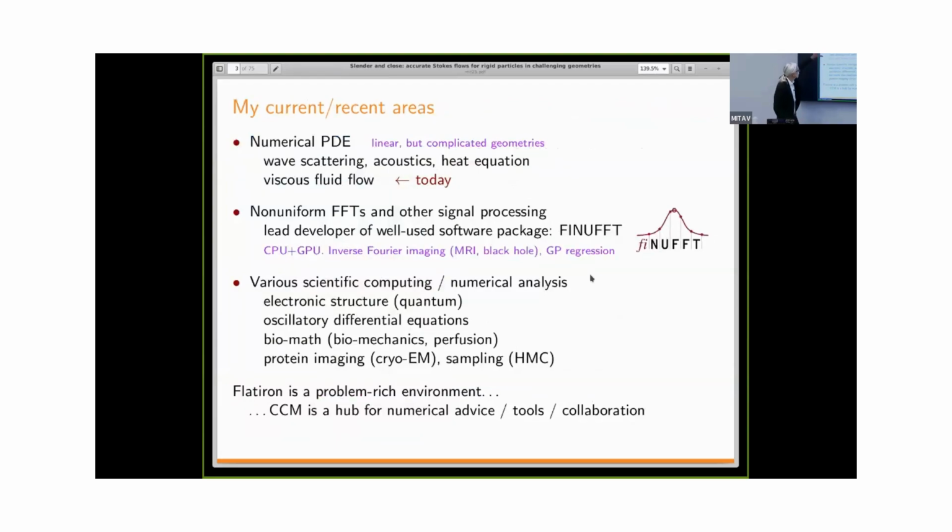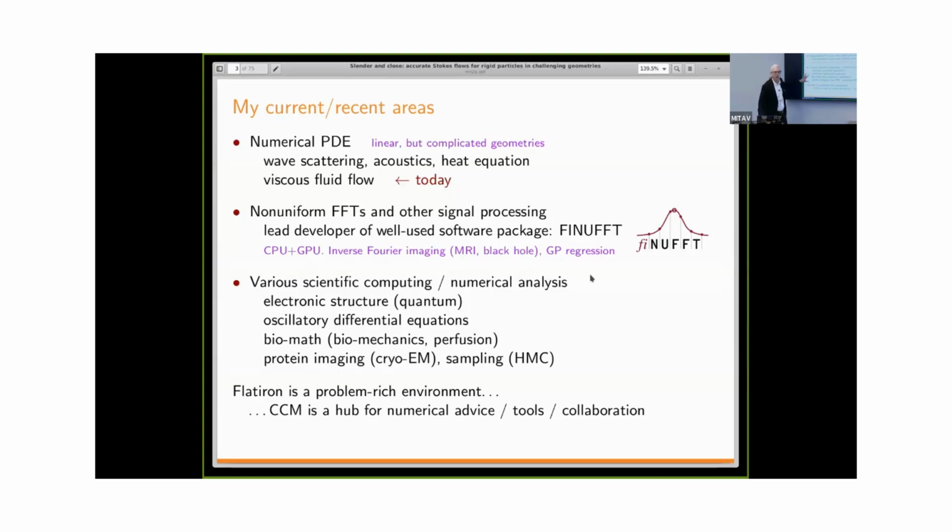As Laurent already mentioned, most of my research is in linear PDE in complicated geometries, including wave scattering, but I'm going to talk about fluid flow today. Another line of my work is non-uniform FFTs and signal processing that relates to them. That includes this software package that is used by groups in MRI and was used for the Event Horizon Telescope for black hole imaging.